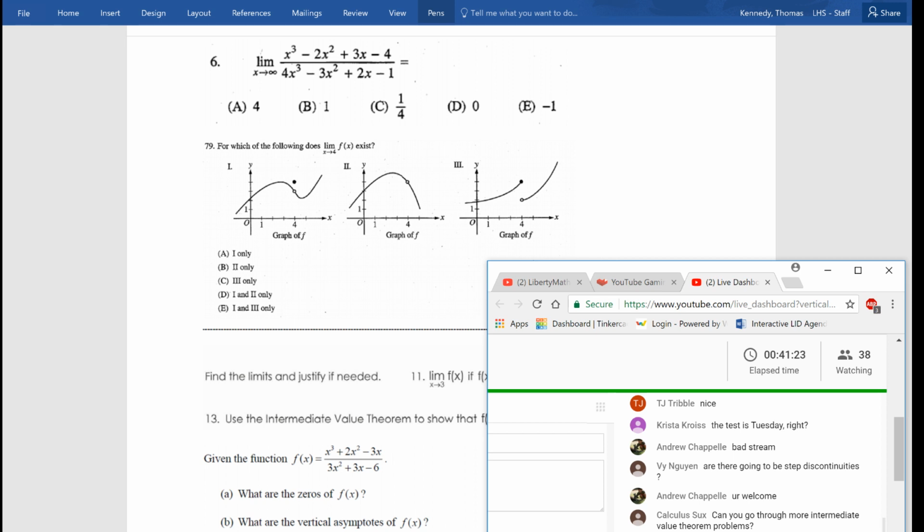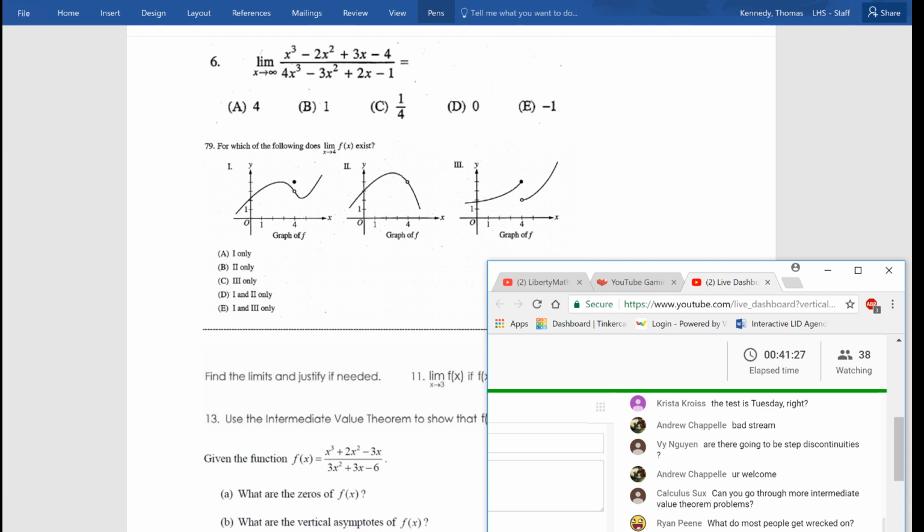Can you go through more intermediate value theorem problems? Yeah, sure. What do most people get wrecked on? Oh, that's a hard question. Honestly, it's the most recent quiz sections that usually wreck people, the ones people haven't had a chance to mess up on yet. So quiz section 4, the infinity and zero limits, are what people mess up a lot.